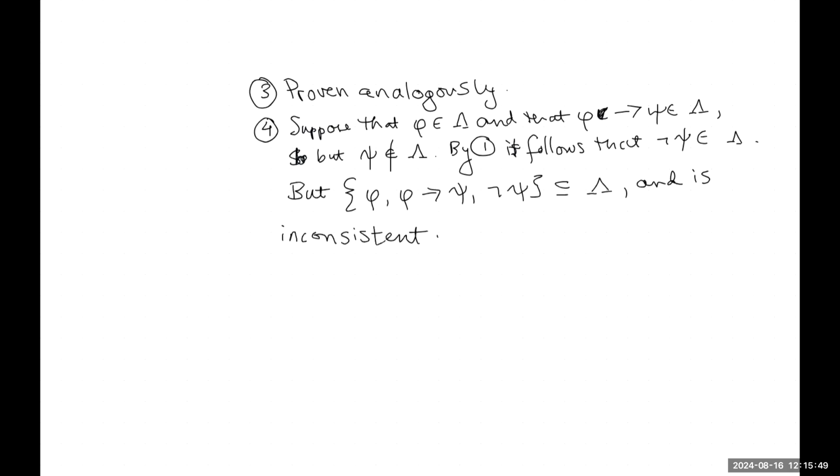Now, you should be able to see why this isn't a bi-implication. Just because we have psi in the set doesn't mean that we also have both phi and phi implies psi. However, just because we have psi in the set, maybe you can prove that this means that you also have phi implies psi. I'll leave that as another exercise for you.